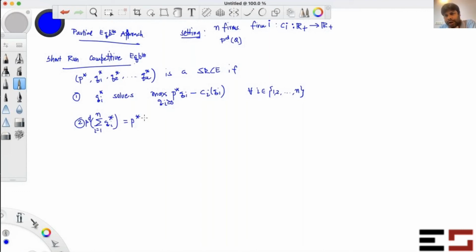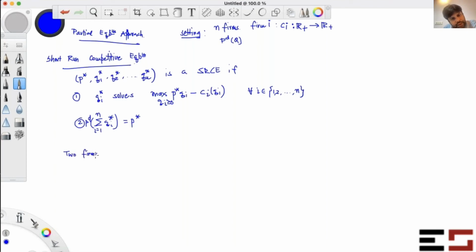Now we can solve for short-run competitive equilibrium. I'll give you some data: the demand function and cost functions, and you have to figure out the short-run competitive equilibrium. Let's do it. Suppose there are two firms.